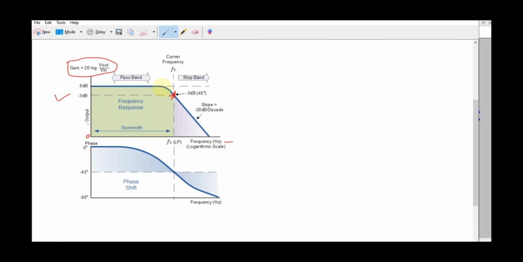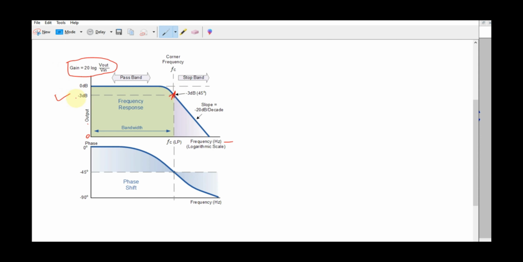At some point your input frequency is appearing at the output with no attenuation, and after your corner frequency there is the minus 3 dB point. What does minus 3 dB mean? The minus 3 dB point means your output starts attenuating at 70.7%.